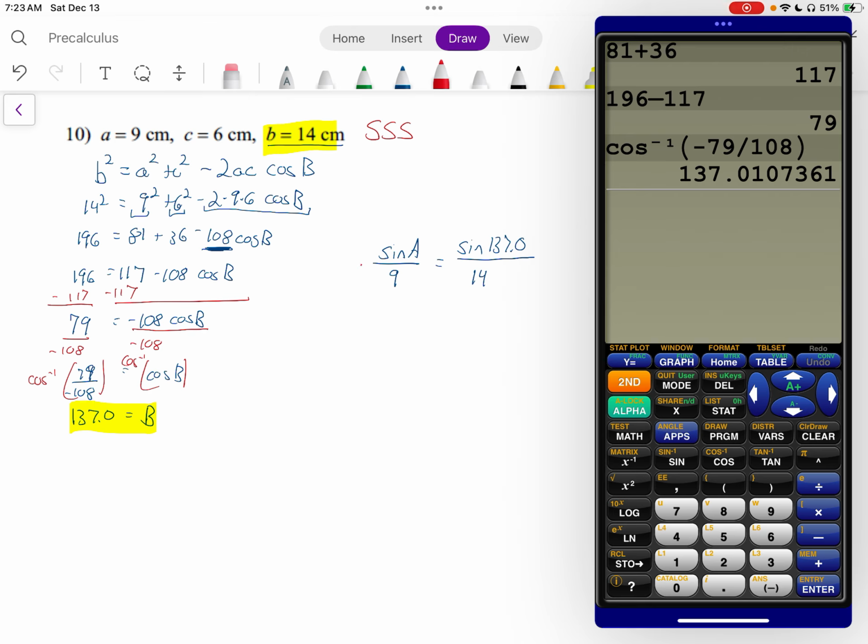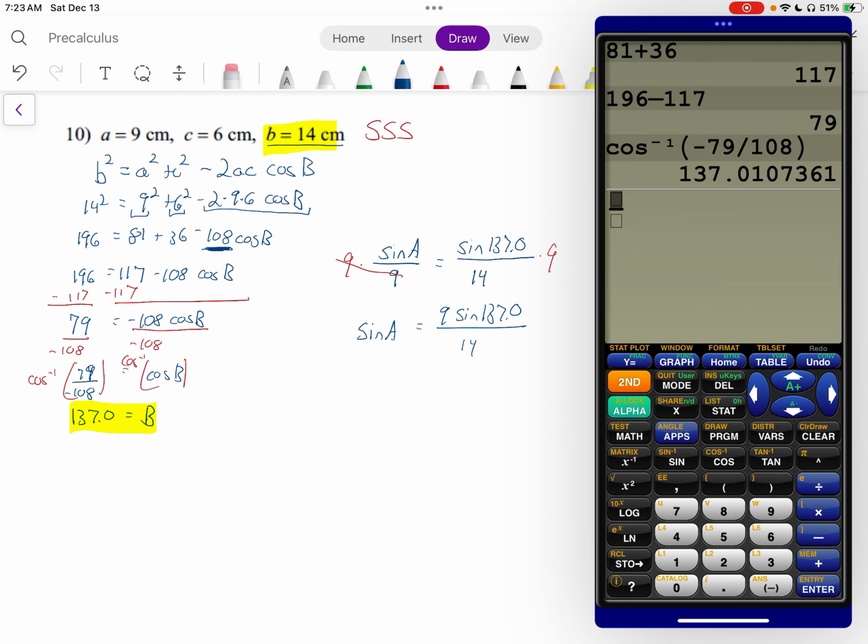We will multiply both sides by 9. And so we know that the sine of A equals 9 times the sine of 137.0 over 14. Let's go ahead and find that.